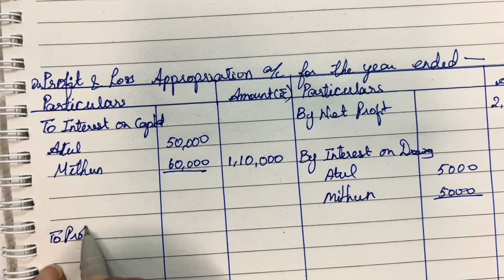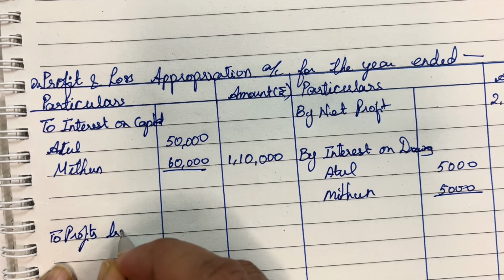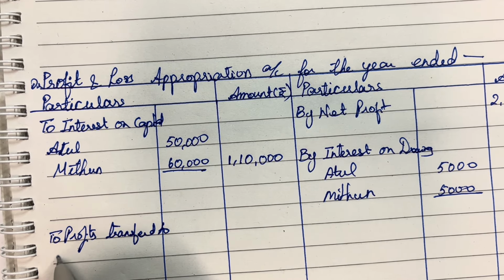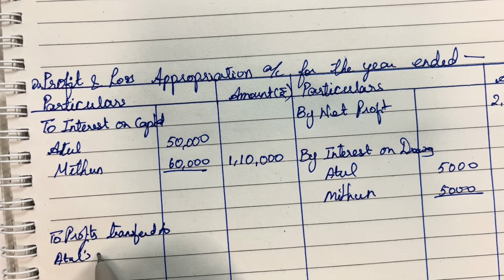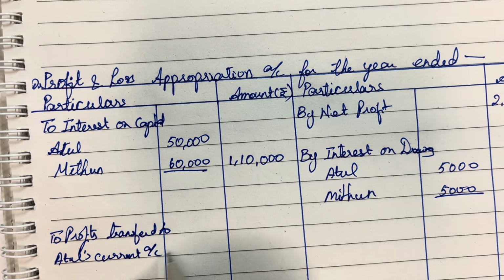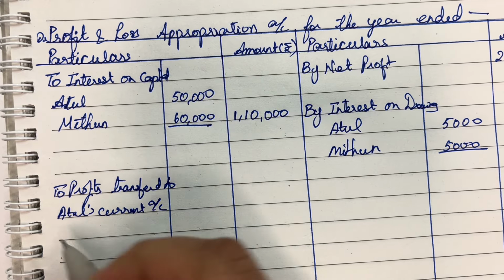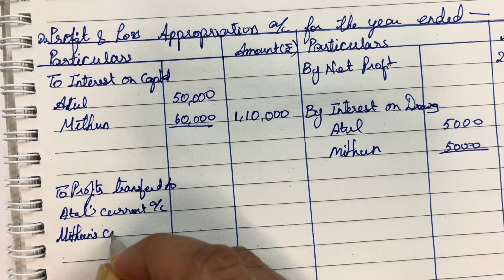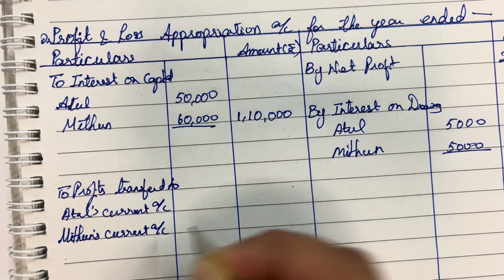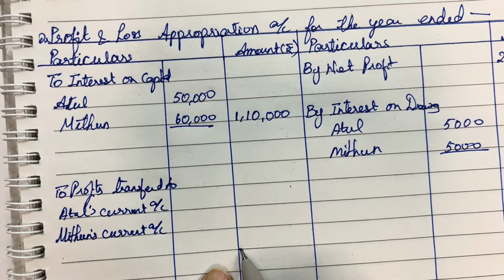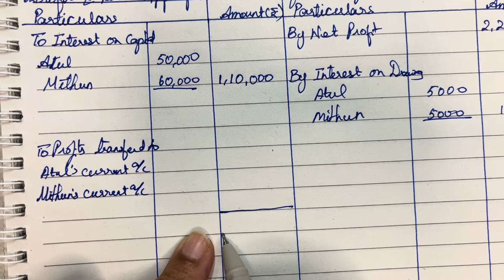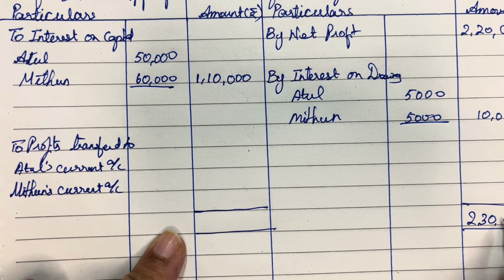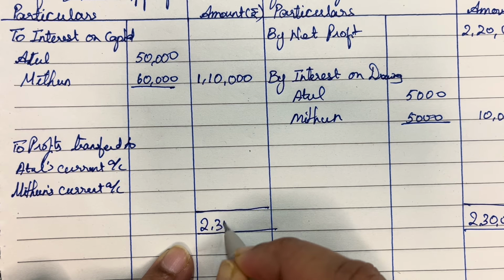To profits transferred to the two partners: Atul's current account, because the capitals are fixed, we'll write current account here, and the other person is Mithun's current account. It's 2,30,000.